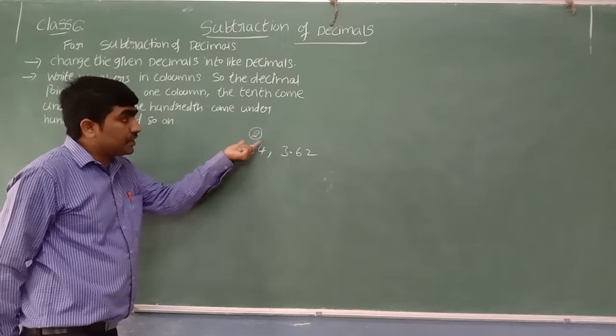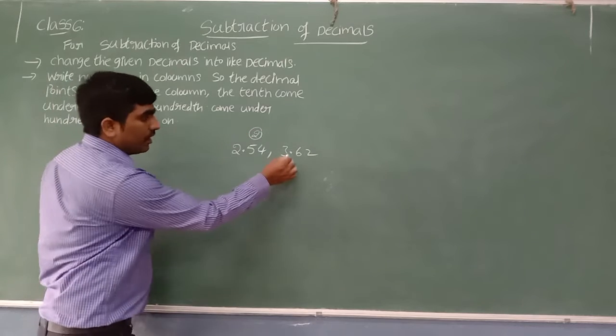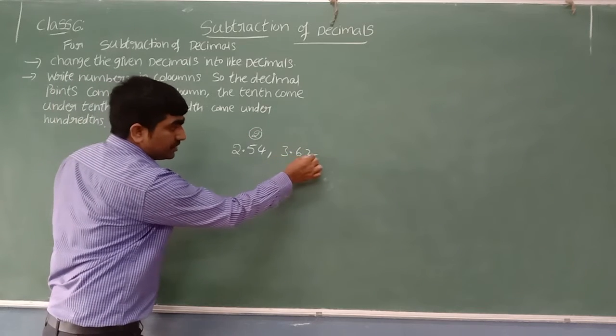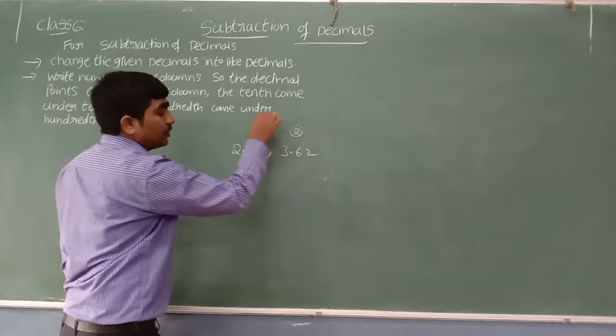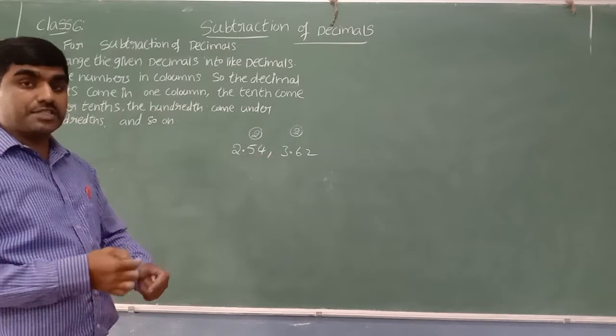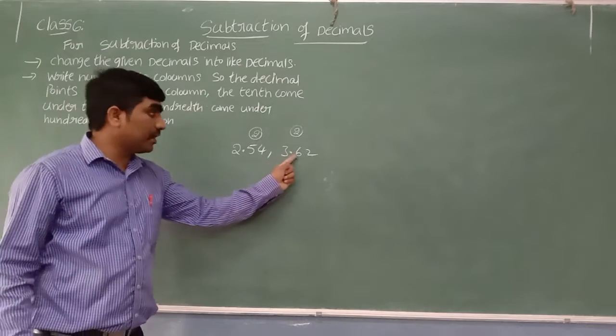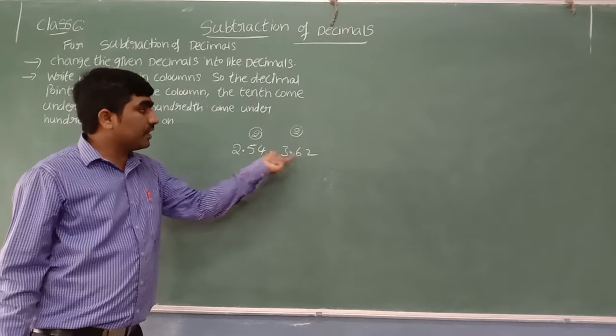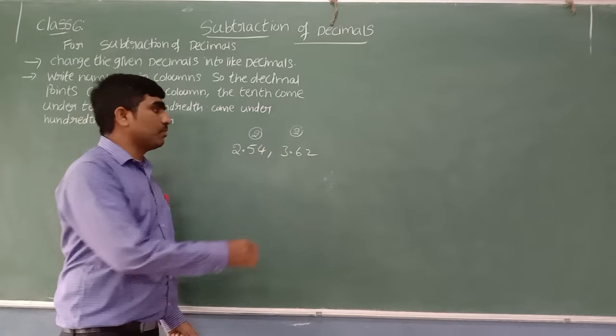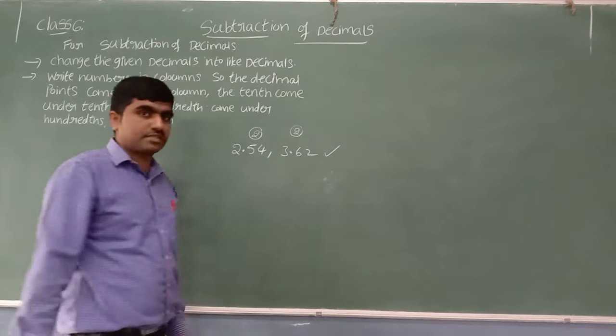This decimal number has 2 decimal places. Even the second decimal has 2 decimal places. Both contain 2 decimal places, so both are called like decimals.